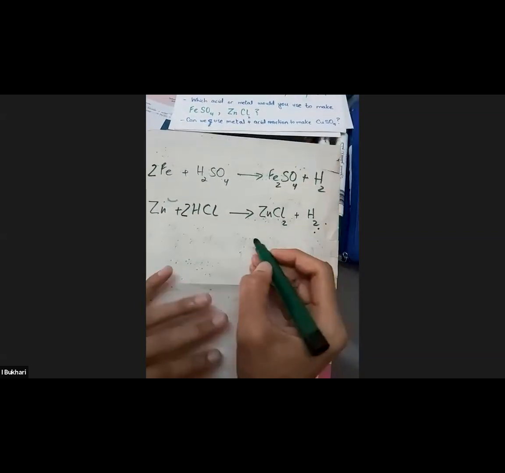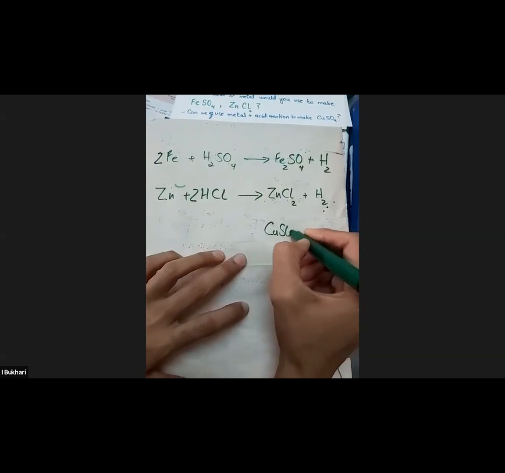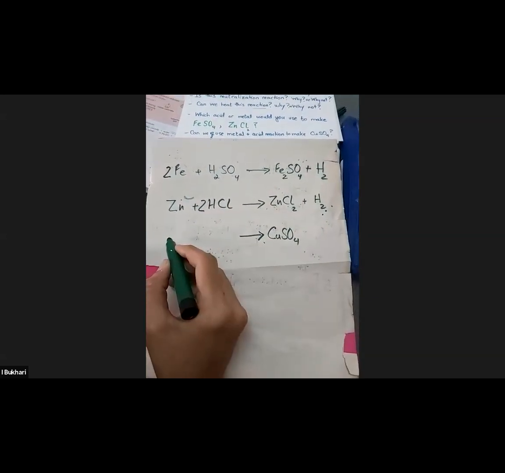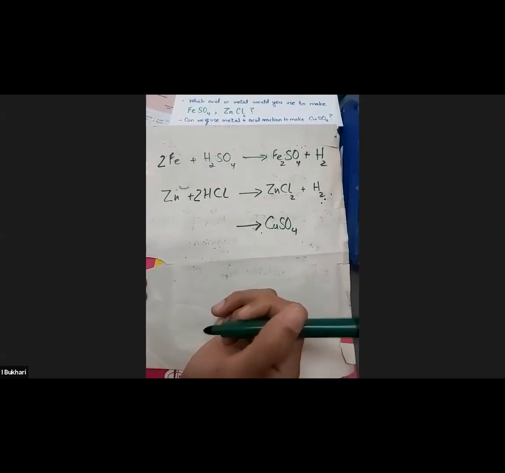Okay, can I use acid and metal to have copper sulfate? What acid and metal should I use to make copper sulfate? Can anybody tell me? Which metal or acid can I use to prepare copper sulfate?